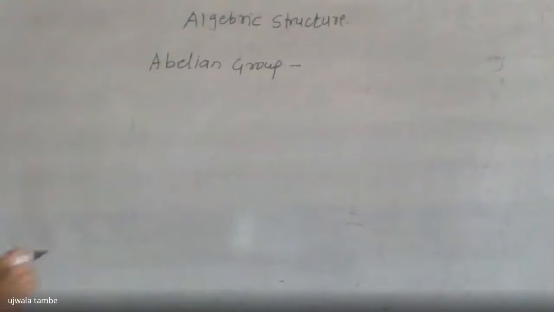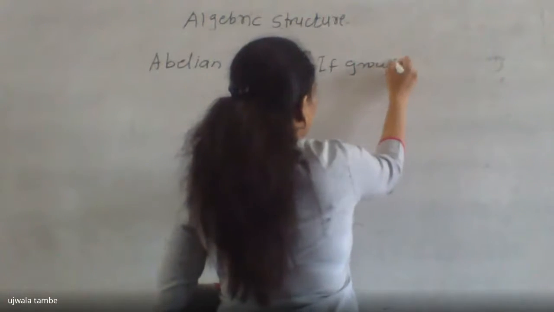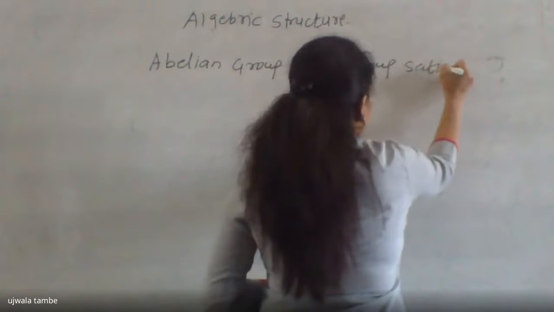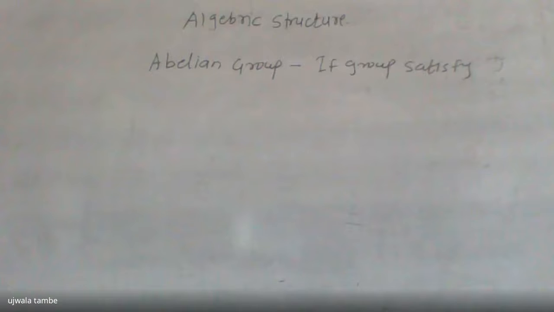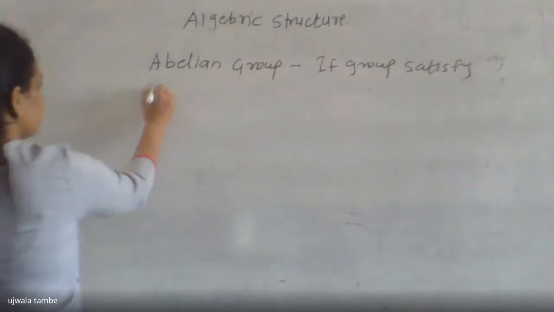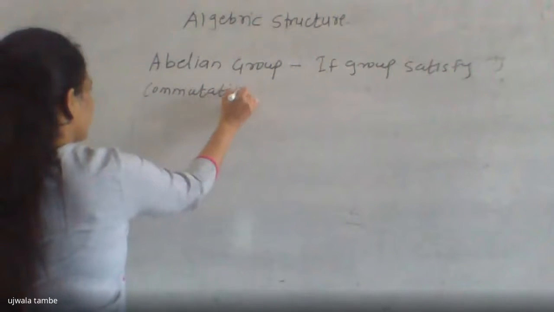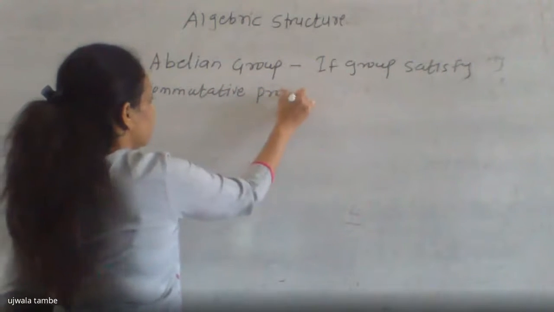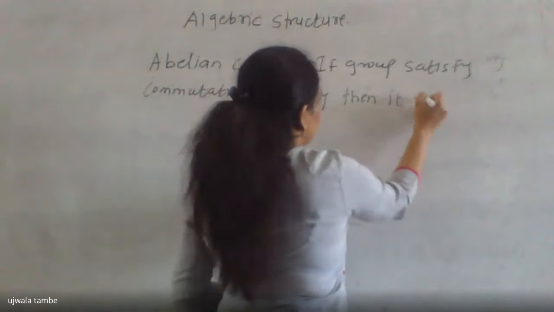If a group satisfies the commutative property, then it is called an abelian group.